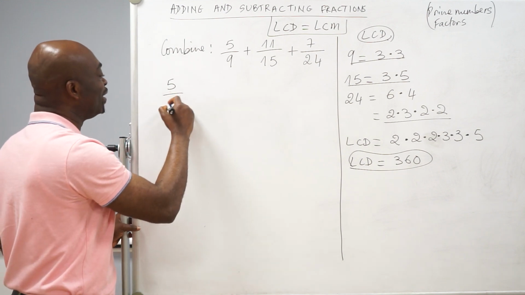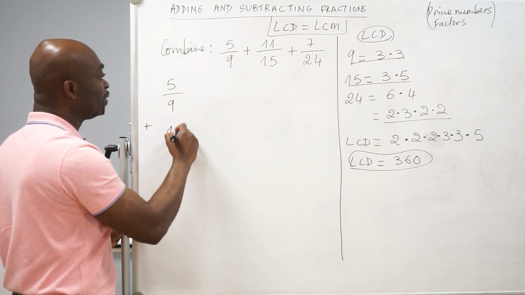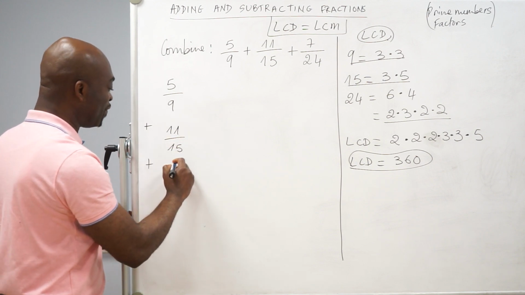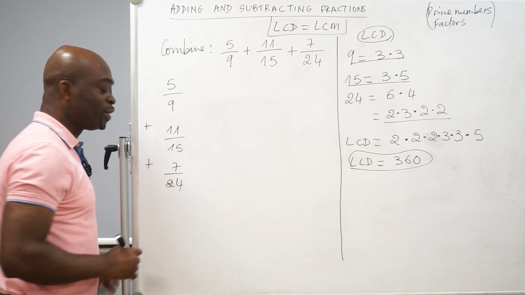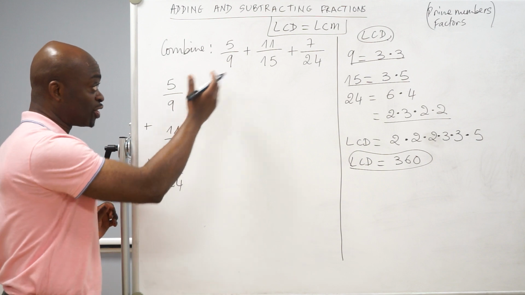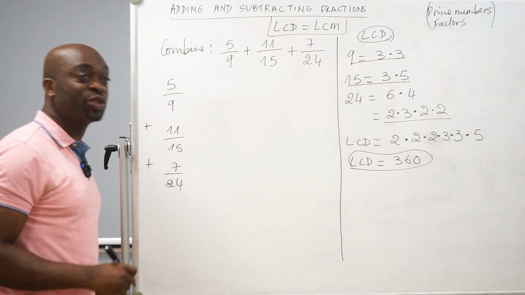So it's 5 and 9, okay, plus 11 over 15, plus 7 over 24. All right? So these are the three different fractions that we have. Now we're going to figure out how we get to the numbers.